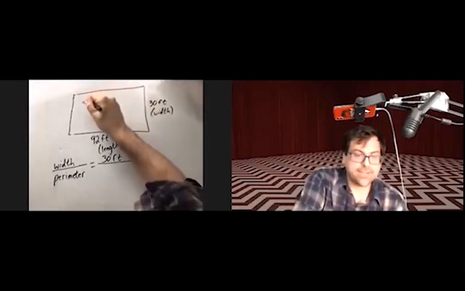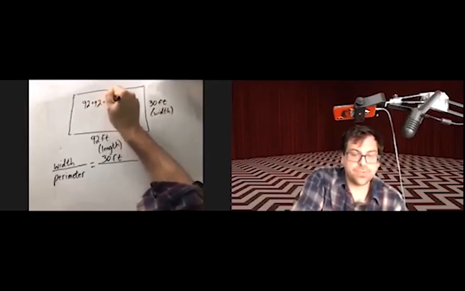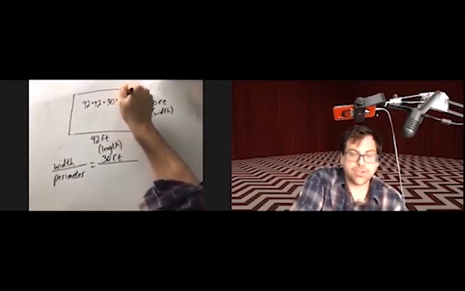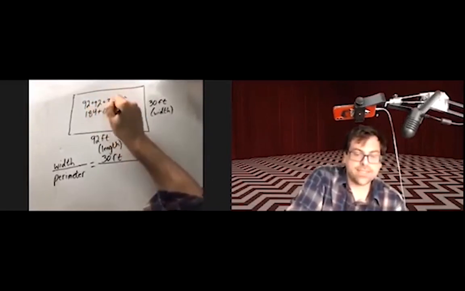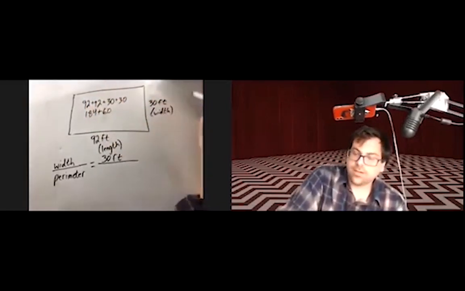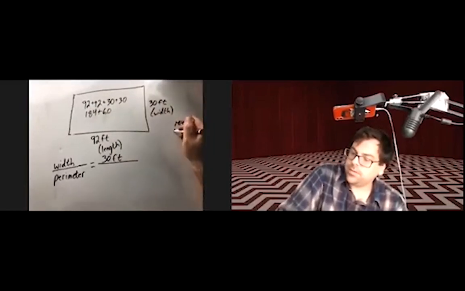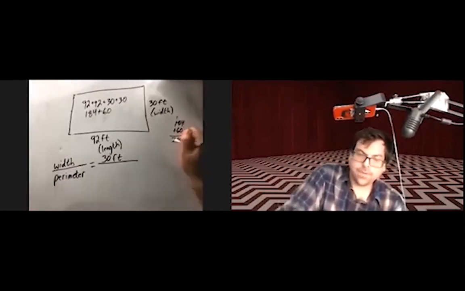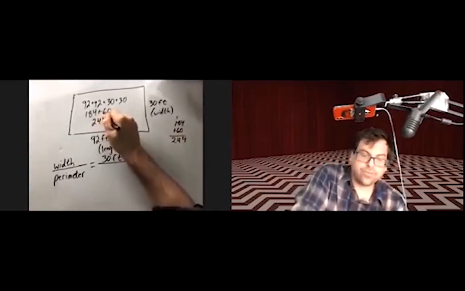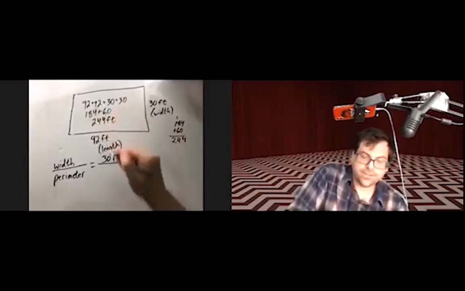So add the sides. 92 plus 92 plus 30 plus 30. 184 plus 60. 244 feet.